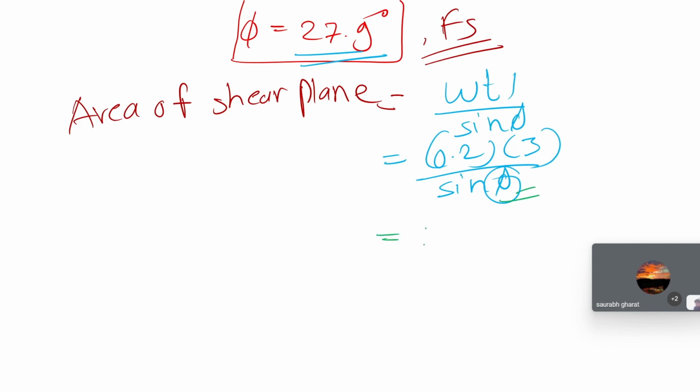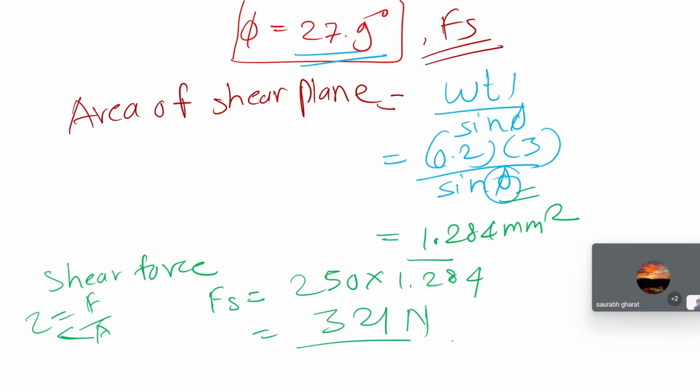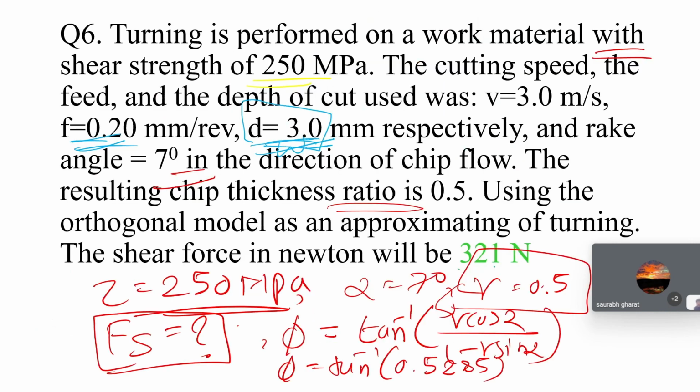So your As will be 1.284 millimeter square, and you have to find your Fs, the shear force. Stress is force by area, so the shear force will be 250, the shear strength mentioned previously, multiplied by the area 1.284. So it will be in Newton, 321 Newton, and that is your answer.